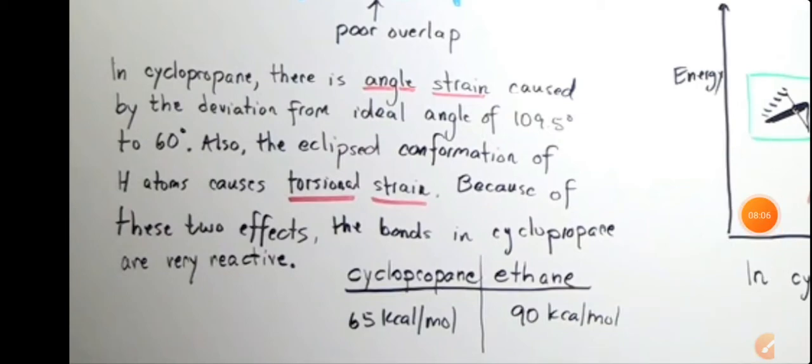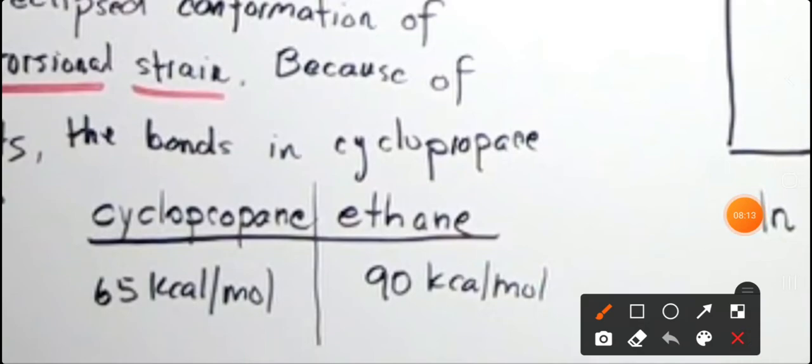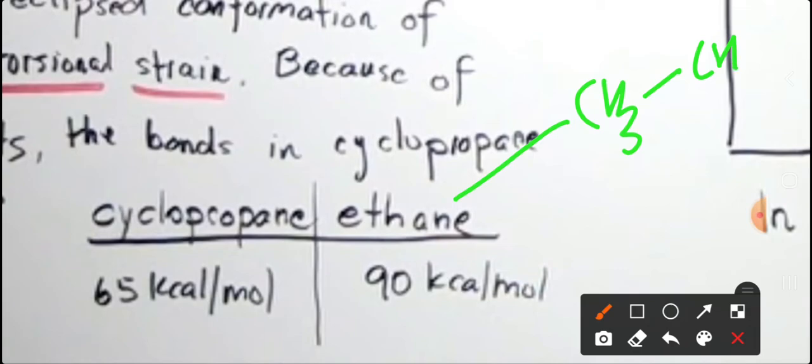So here is a comparison between cyclopropane and the ethane molecule. If I compare with the ethane molecule, what is the ethane structure? CH3 and CH3, and this is the cyclopropane structure.